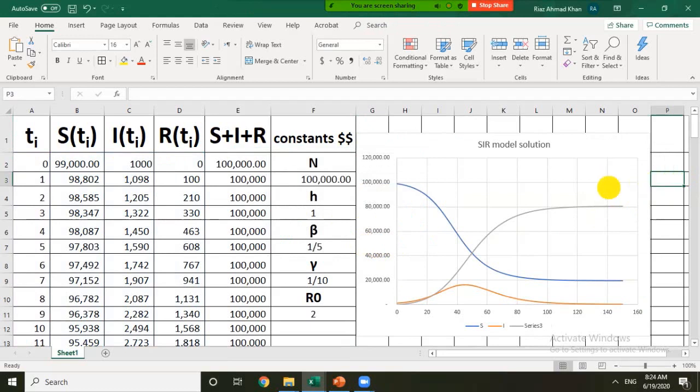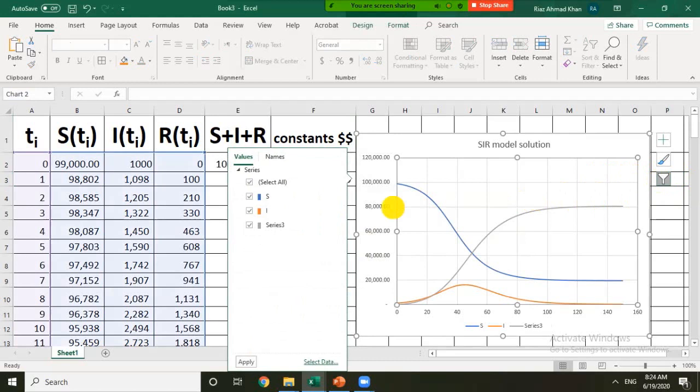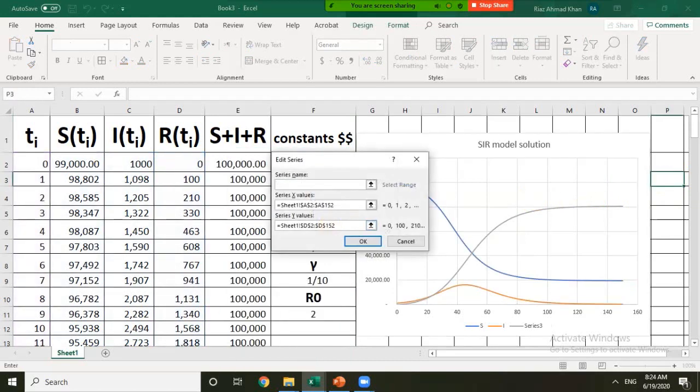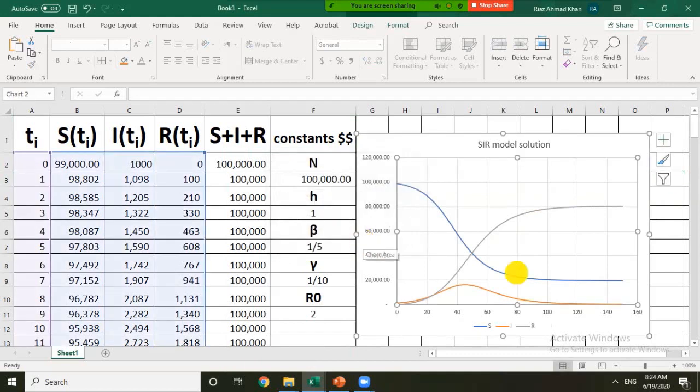Series 3 is removed population. S, I, and R.